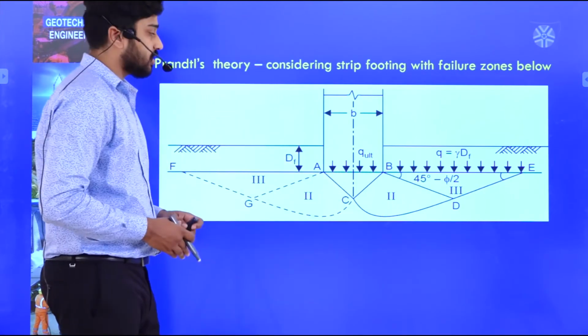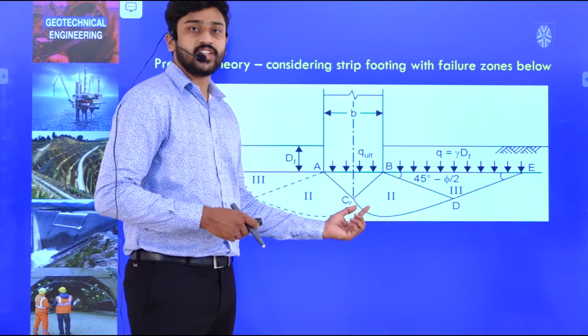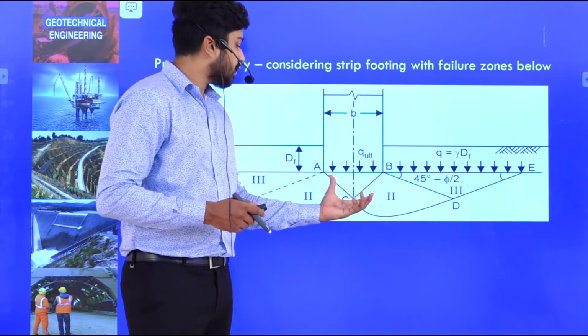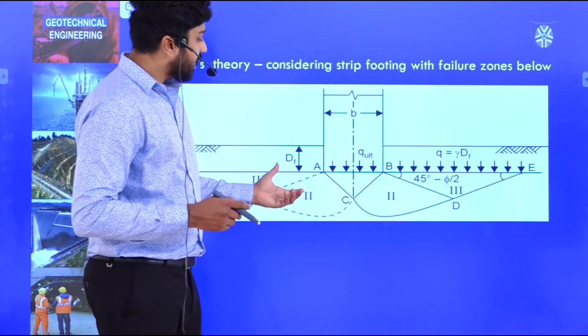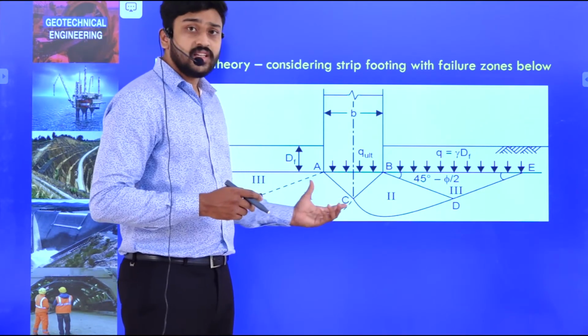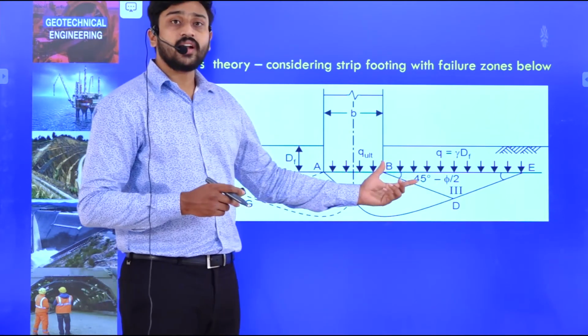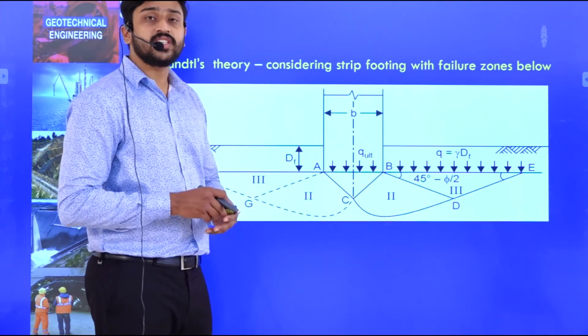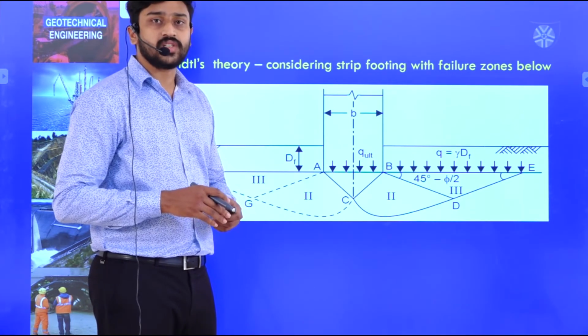Failure zone 1 is in the form of a triangular wedge. Zones 2 and 3 are based on the shear zones, and zone 3 is nothing but a triangular wedge, given by Rankine's passive pressure.